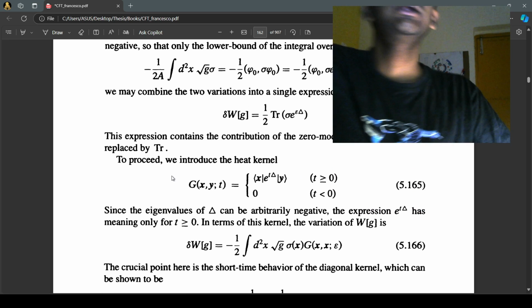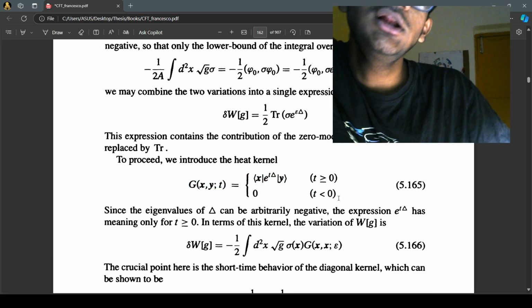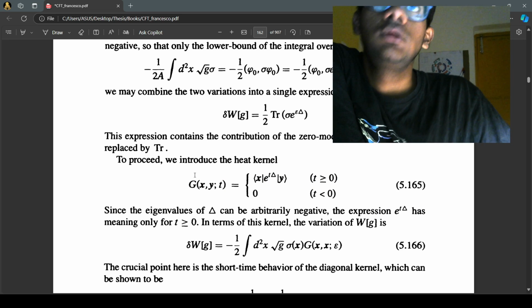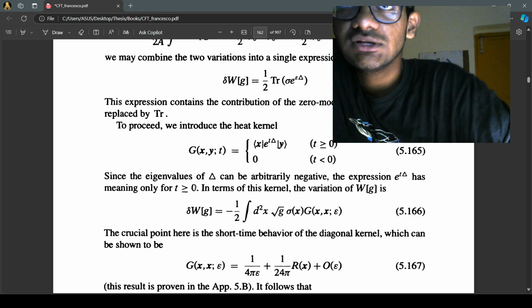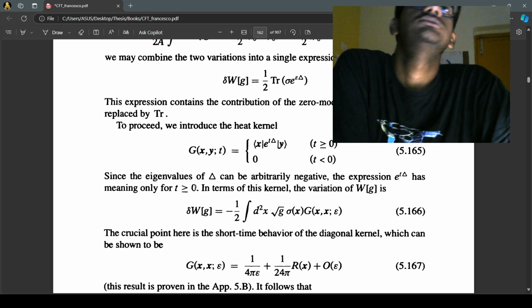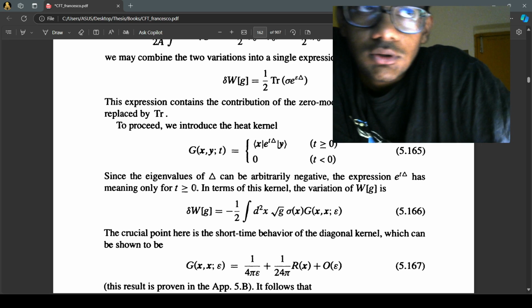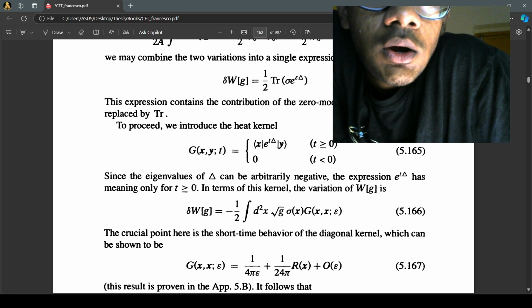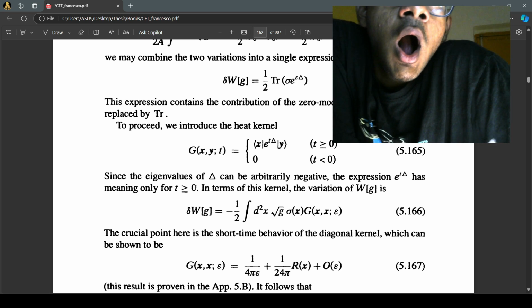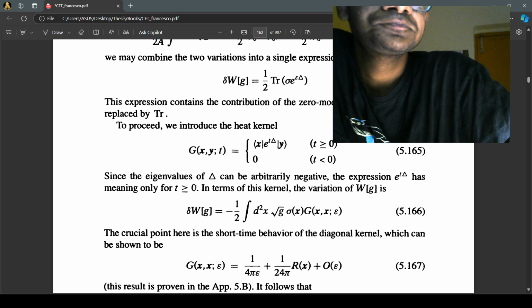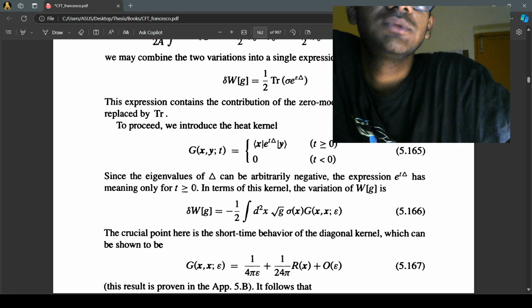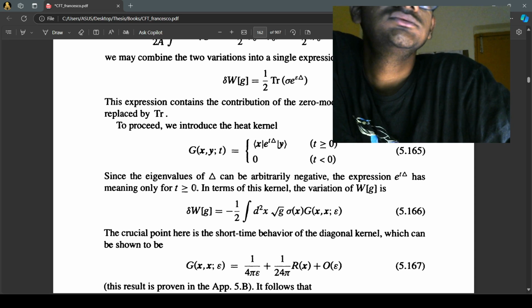To proceed, we introduce the heat kernel. Since the eigenvalues of delta can be arbitrarily negative, the expression e to the T delta has meaning only for T greater than or equal to 0, so that e to the power of something negative makes sense.